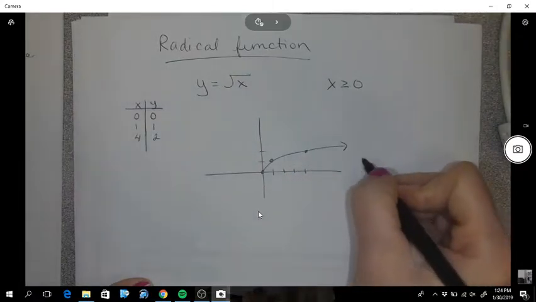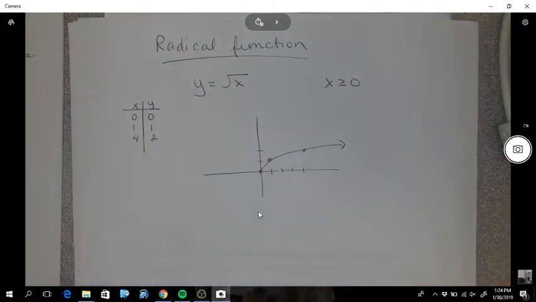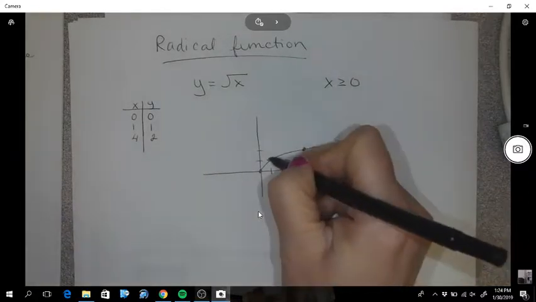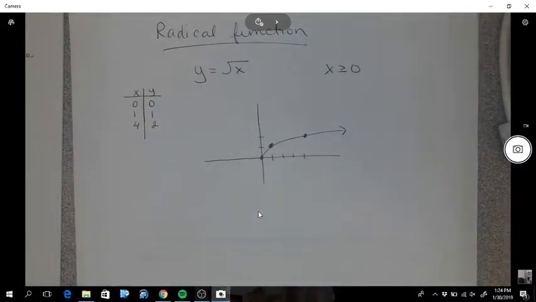Okay, so obviously the next point would be 9, 3. Okay, so the relationship would be that x has to keep increasing a lot for y to increase a small amount, right? So that's kind of the relationship of a radical.